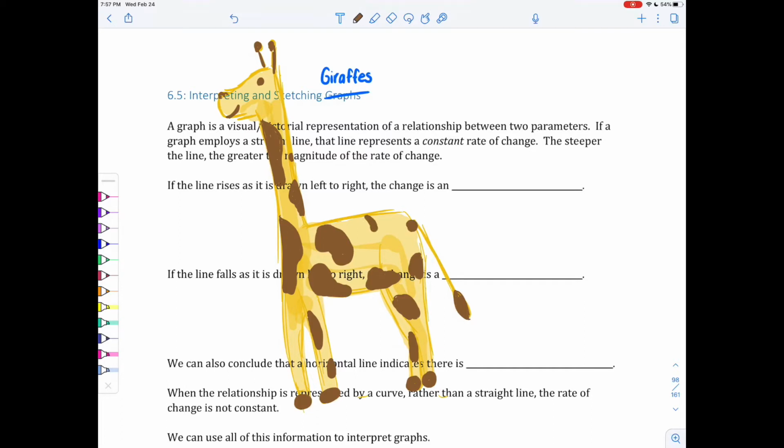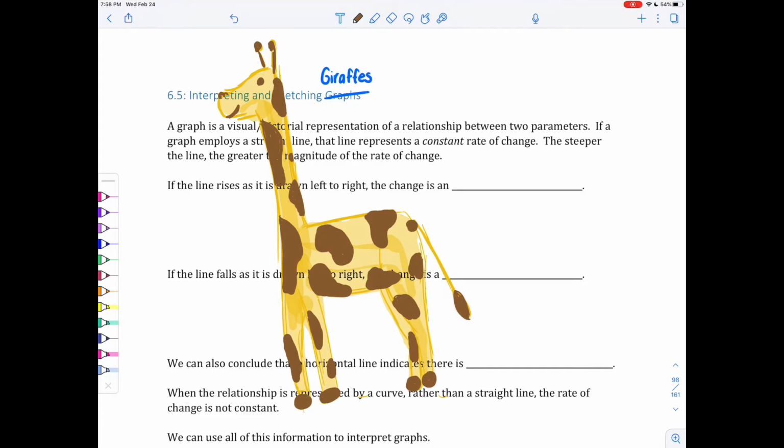Tra-la-la. Oh, hey, Miss T, what you doing over there? Well, just 6.5. Interpreting and sketching giraffes. Sketching giraffes? I thought 6.5 was... Wait a second. Did you cross out graphs and write giraffes? No. Obviously, giraffes is in blue font, just as the rest of the title.